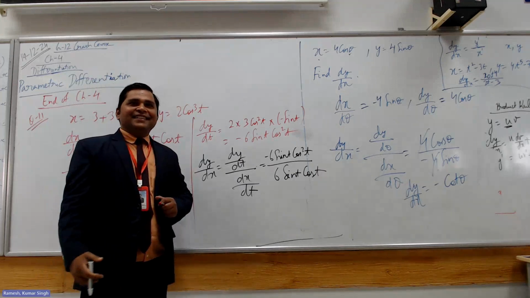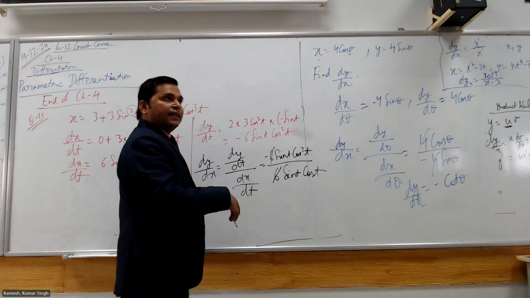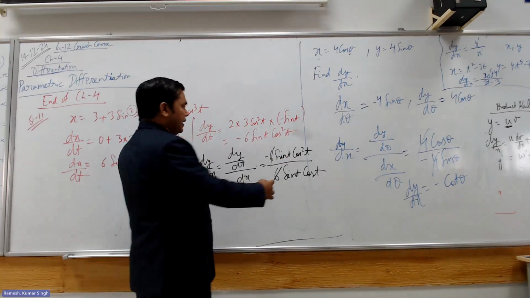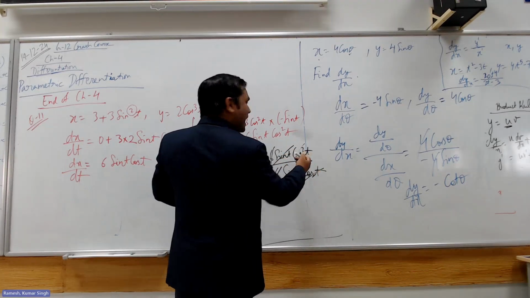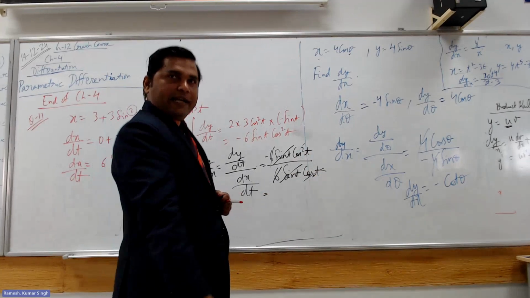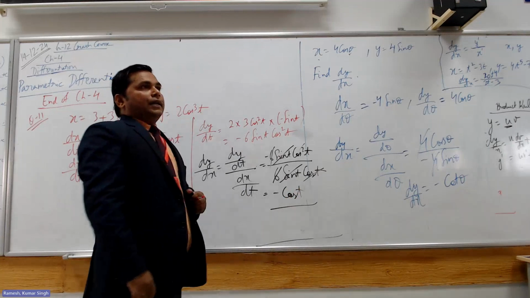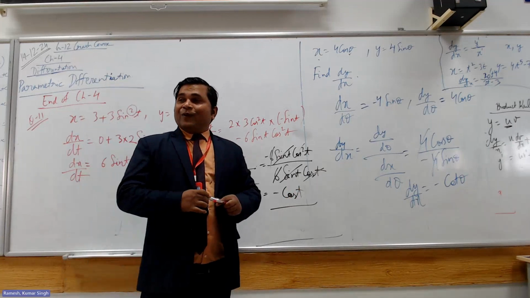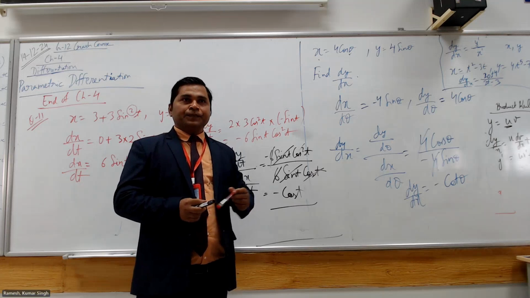Is it clear? Cancel what you can cancel. Sine t gets cancelled. Cos t also gets cancelled. So finally you should be getting negative cos t. So dy over dx is negative cos t. Am I making sense?